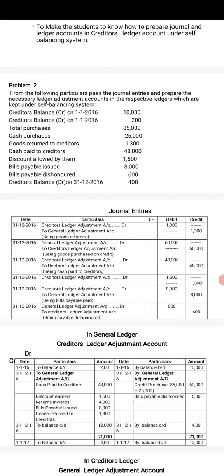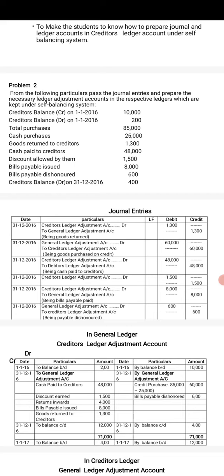Next, cash paid: creditors ledger adjustment account debit to general ledger adjustment account, 48,000.